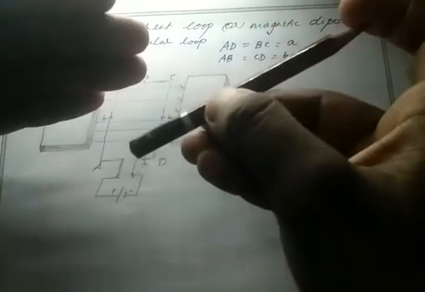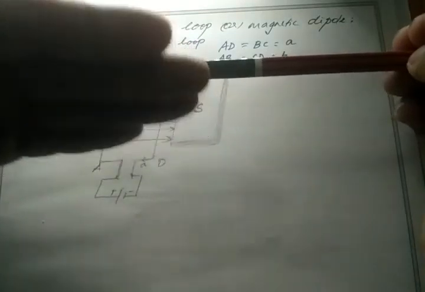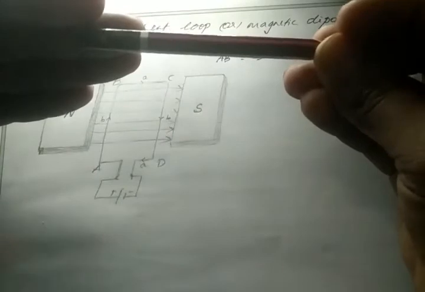Then the side BC is parallel with the magnetic field. Can you imagine? This is my direction of magnetic field, going in this direction, and this is my BC. Similarly, CD is perpendicular to the magnetic field, and AD is parallel to the magnetic field.